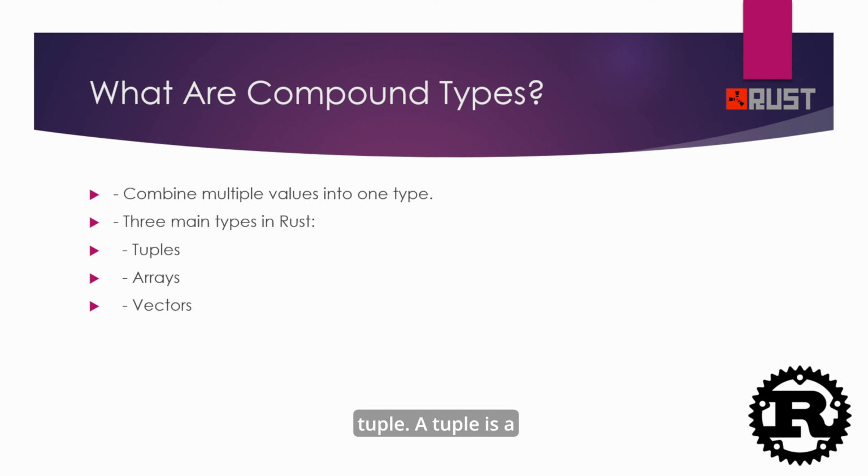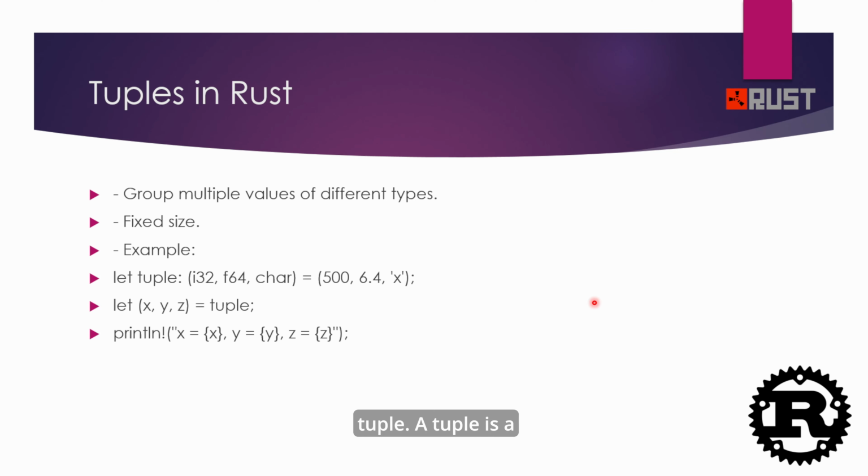First, tuple. A tuple is a general way of grouping together a number of values with a variety of types into one compound type. Tuples have a fixed length, and once declared they cannot grow or shrink in size.